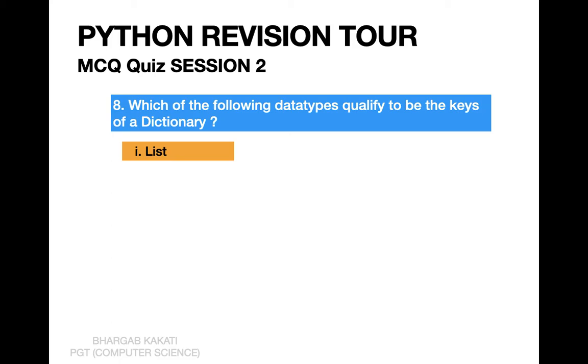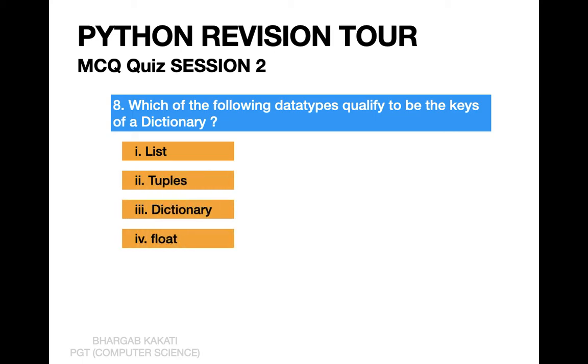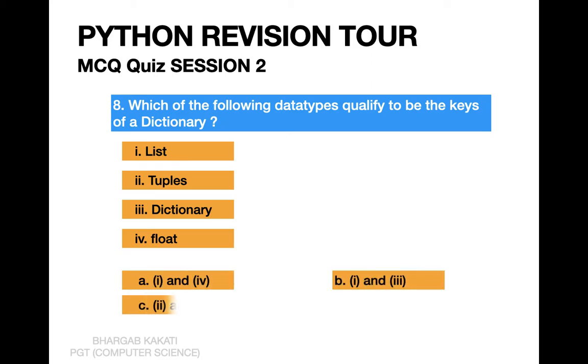That means which can be considered as a key in a dictionary. The first option is list, second is tuples, third is dictionary, and fourth is float. The options are number A 1 and 4, number B 1 and 3, number C 2 and 4, and number D 2 and 3. And the correct option is option C, 2 and 4.